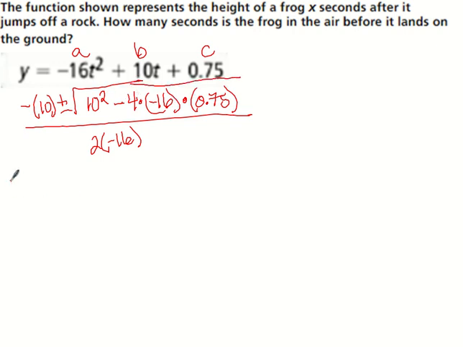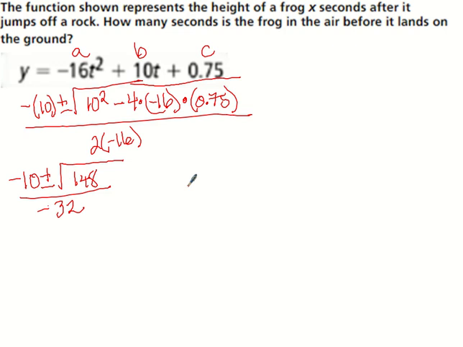I'm going to slightly cheat and jump ahead. We get -10 plus or minus the square root of 148, then divided by negative 32. Whoops, my negative and my 3 blended. Negative 32.